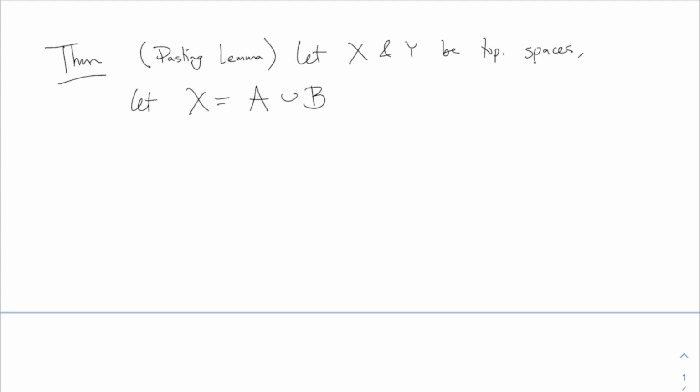So let X be A union B, where A and B are both closed. This is necessary in order for the theorem to work properly.